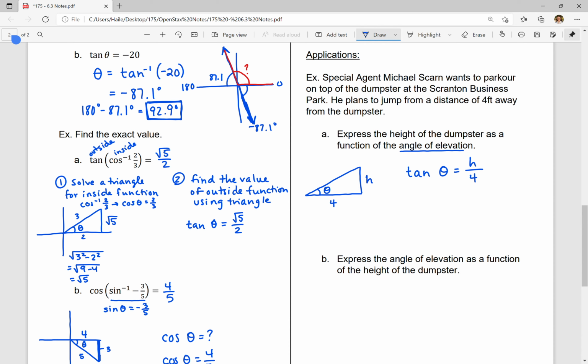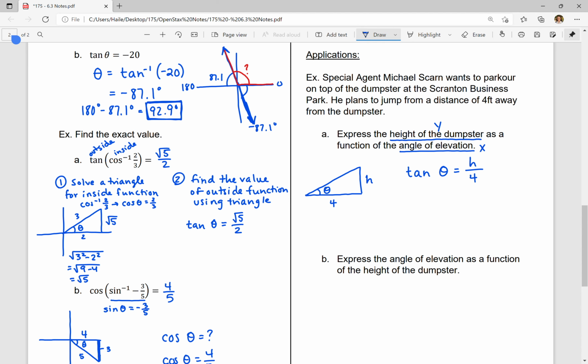So now let's look again at our question. We want to express the height of the dumpster as a function of the angle of elevation. Anytime you see a question that says express something as a function of something else, think of the height as the y value, and think of the angle of elevation as the x value.